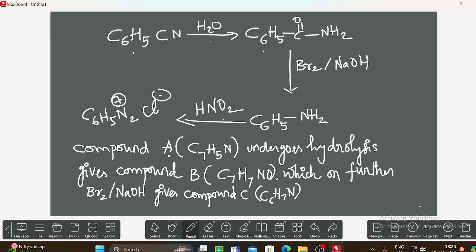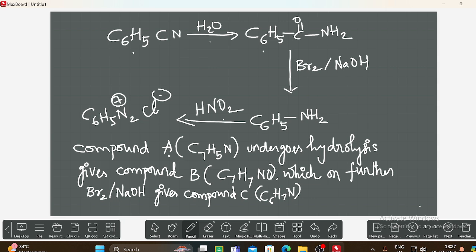Compound C reacting with HNO2 gives benzene diazonium, compound D. For compound D they will only say the name, they never give the formula, because once the formula is given, it is easy to identify.